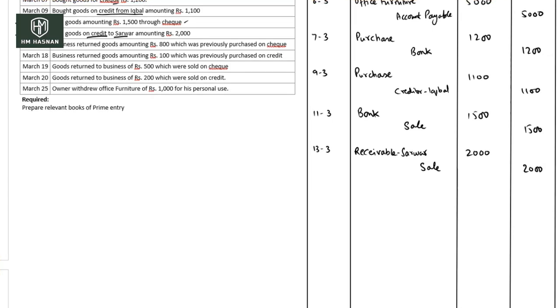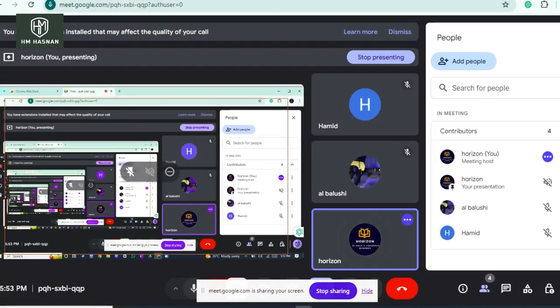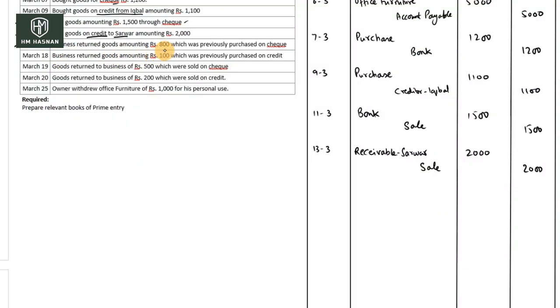Get it? So the next entry will be on 15 March. Business returned goods amounting rupees 800, which was previously purchased on check. It means business returned the goods. Check means bank debit and purchase return. So 15 March, the entry will be bank debit because we receive amount in check and we return the goods.